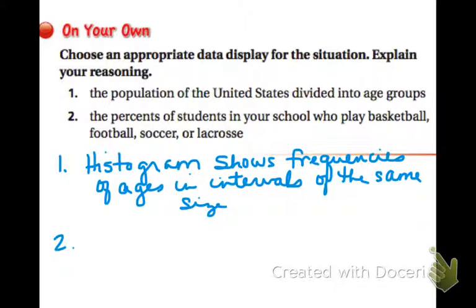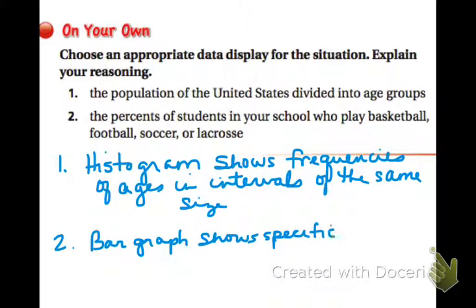For number 2, the percents of students in your school who play basketball, football, soccer, or lacrosse. Because the different sports are categorical, a bar graph may work. Okay, because a bar graph shows specific categories. All right, but also, a circle graph, because percents are part of a whole.